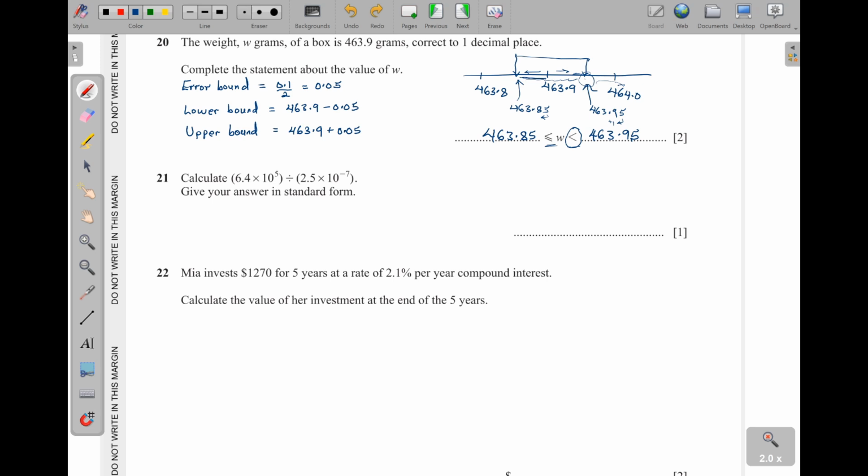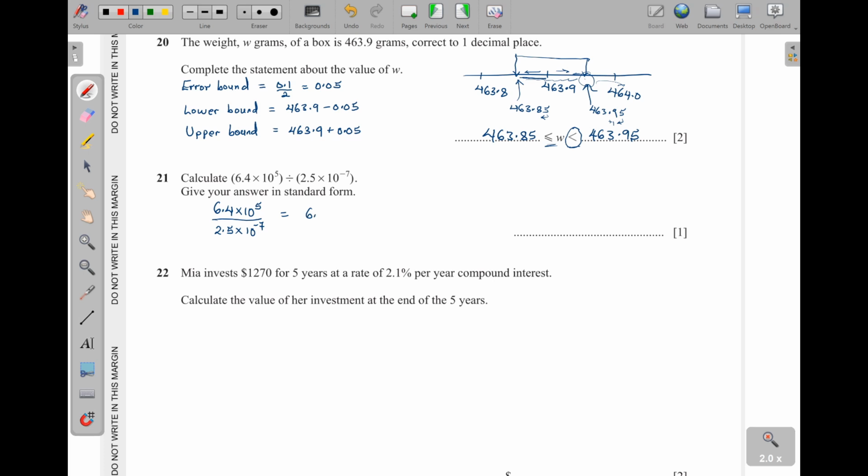Question 21. Calculate 6.4 times 10 to the power 5 divided by 2.5 times 10 to the power -7. Here I can do something like this: 6.4 times 10 to the power 5 out of 2.5 times 10 to the power -7.